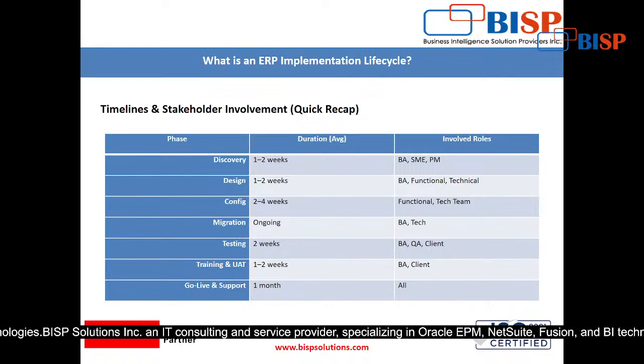Now here it is shown as 1 or 2 weeks, but it is not actually 1 or 2 weeks. It takes at least 1 or 2 months, or a complete 1 month, because there are so many stakeholders, and the company which is implementing NetSuite definitely has a very high turnover.